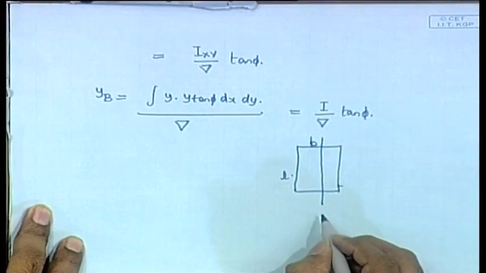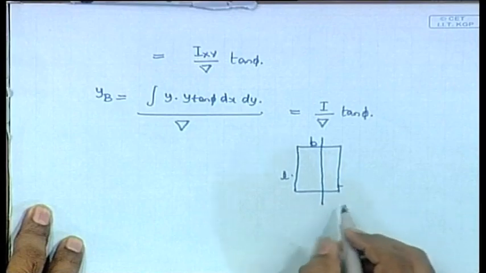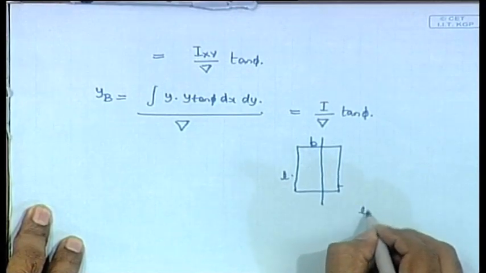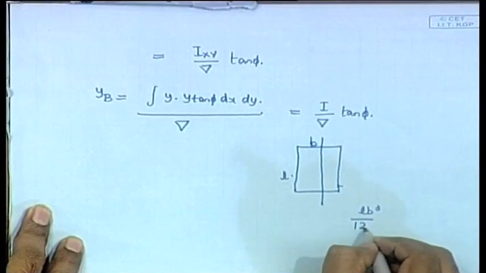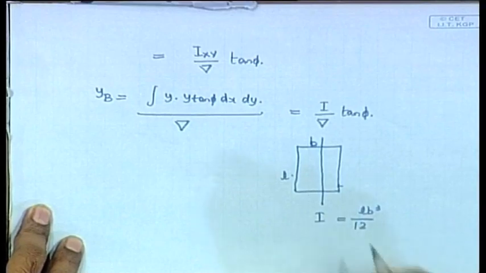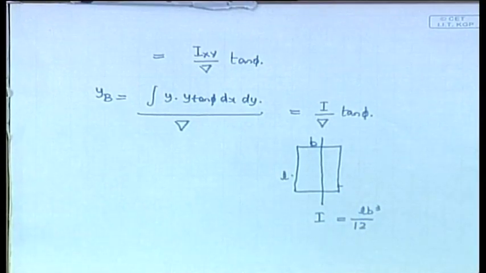Okay. This is a longitudinal axis. Now, this is LB cube by 12. This is the moment of inertia. Remember that.